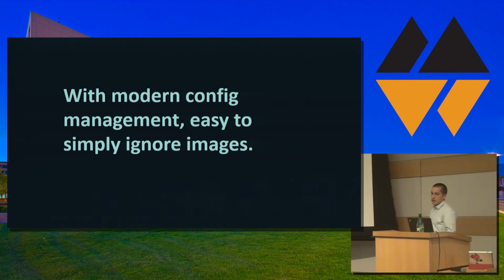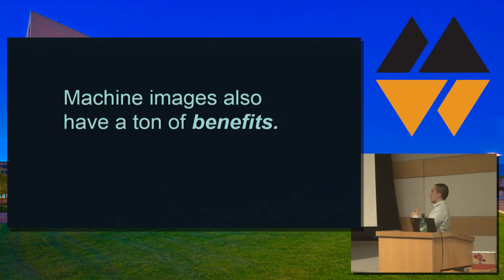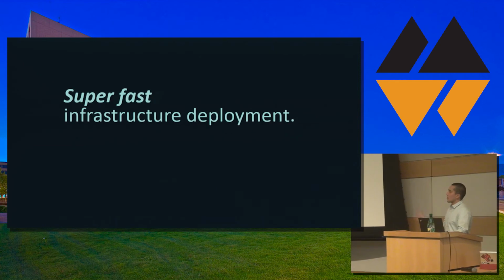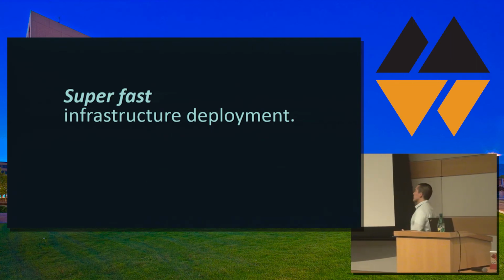And the problem is, machine images also had a ton of benefits, and we've pretty much lost those benefits by ignoring them. So one of the benefits is super fast infrastructure deployment. Even in the simplest case, a Chef or Puppet run, for example, something stateless like Memcache or a web server, with all the basic monitoring and stuff you lay down on a production server, could still take 5 minutes maybe.